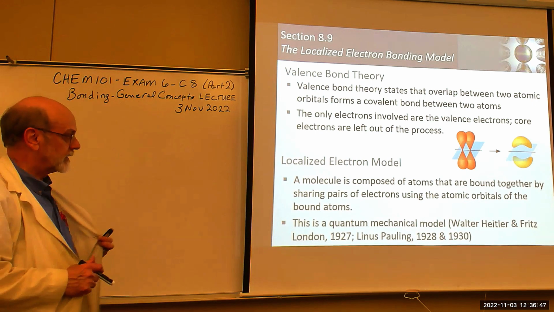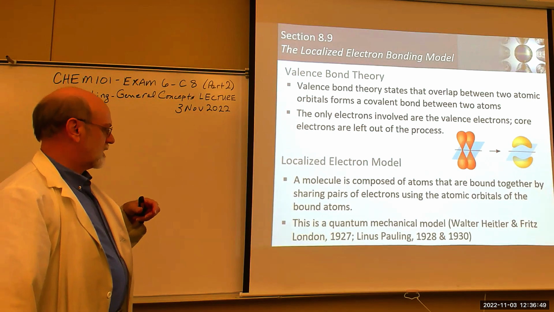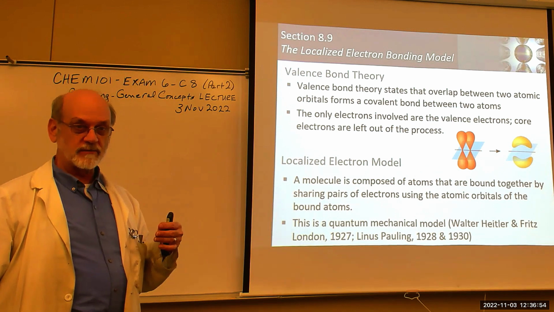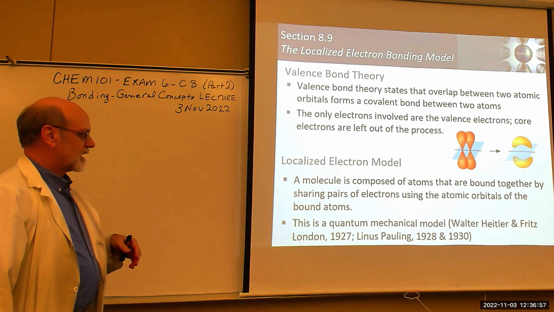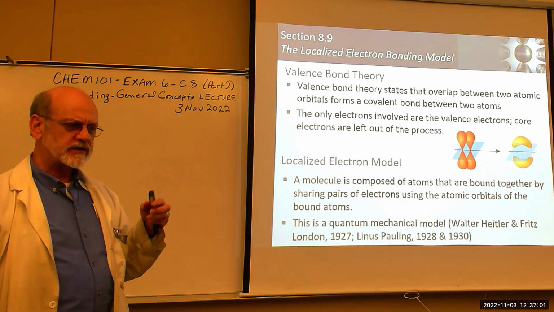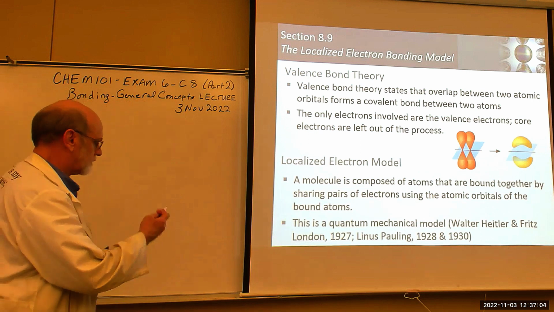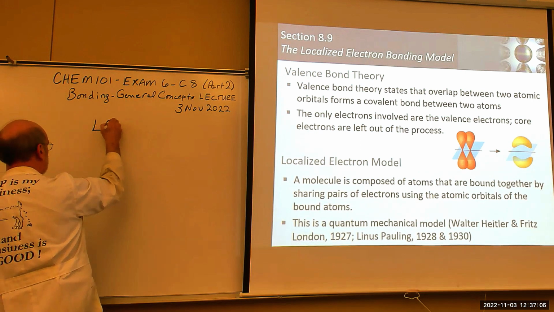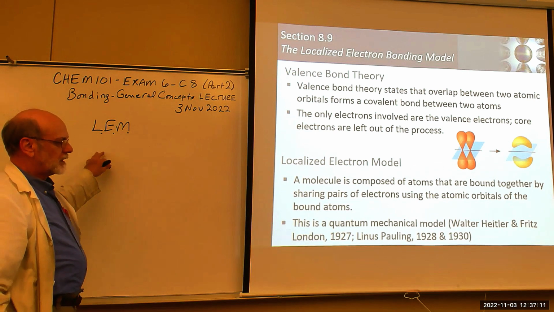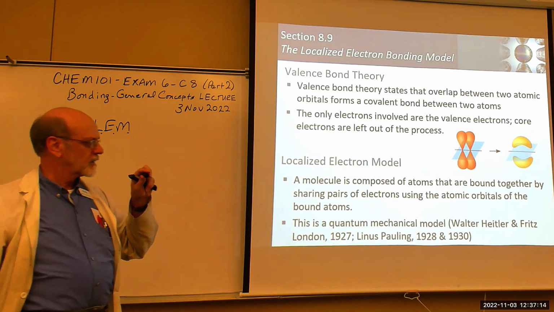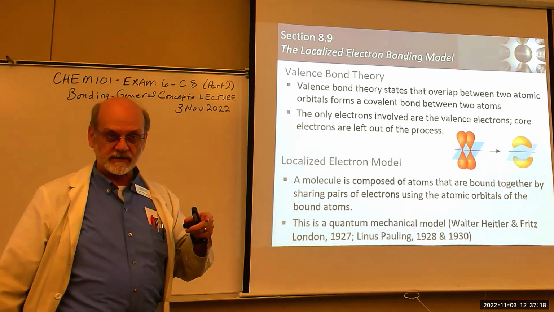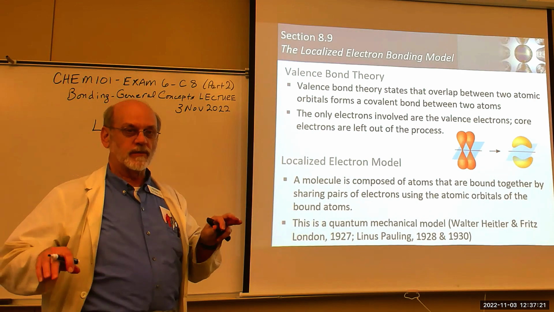Now, that's the theory. The model that goes along with it is called the localized electron model. And this sharing of electrons, according to the localized electron model, occurs between the atomic orbitals of the atoms. In other words, we don't create new orbitals.